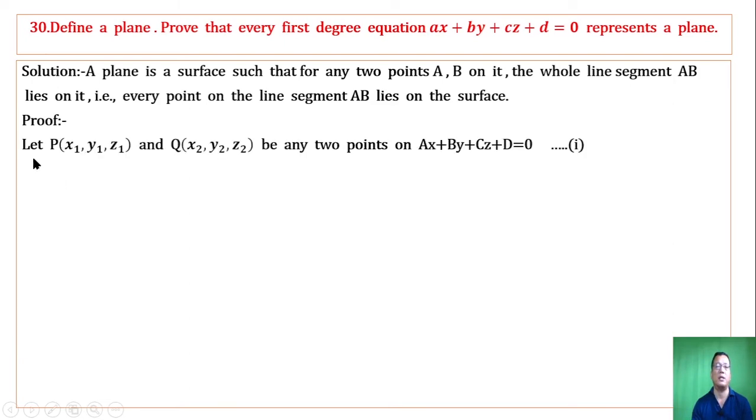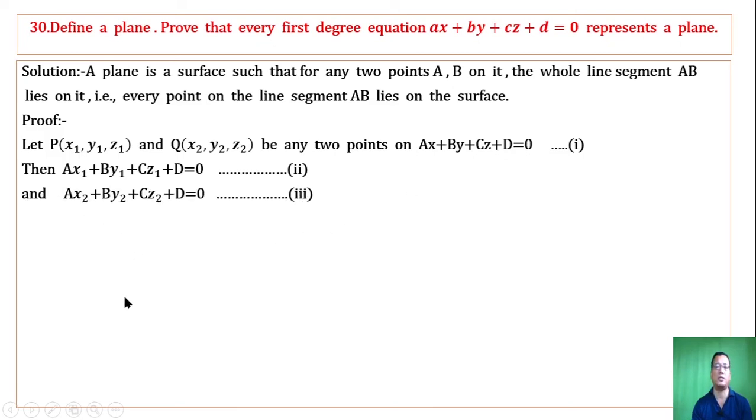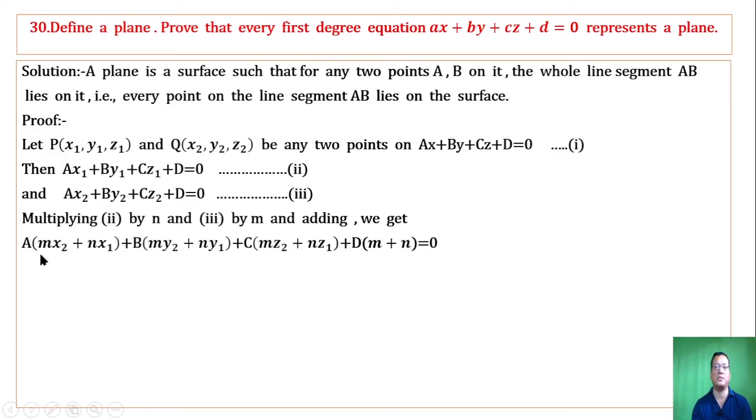Second part. Let P, whose coordinates are x1, y1, z1, and Q, whose coordinates are x2, y2, z2, be any 2 points on this. Then the coordinates of these points will satisfy equation 1. We get equations 2 and 3 respectively. Multiplying equation 2 by n and 3 by m and adding, we get this equation.